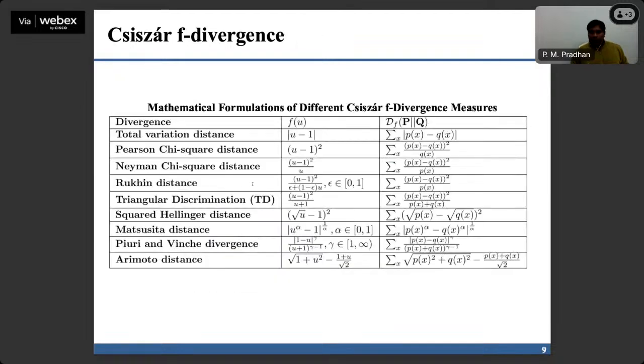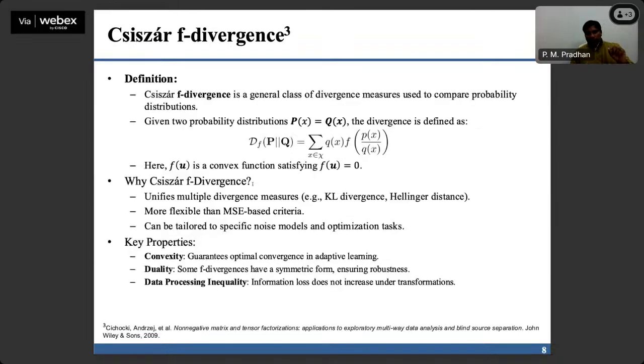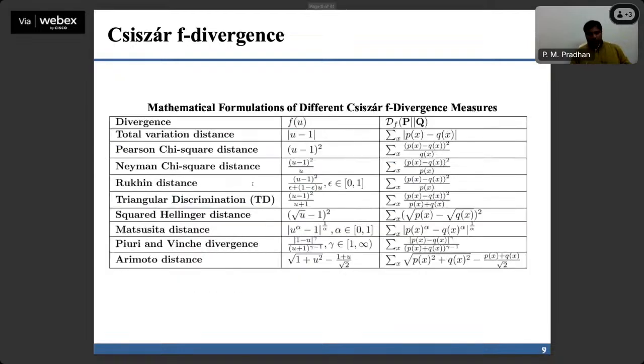So when we look at the Csiszar divergence measures, as I said, the cost function that you see in this slide could be generalized to get multiple kinds of divergence cost functions. Those are listed in the first column. For example, Pearson distance, Neyman distance, triangular discrimination, all these could be found from the same formula where f is specified in the second column and the divergence measure is specified in the third column.